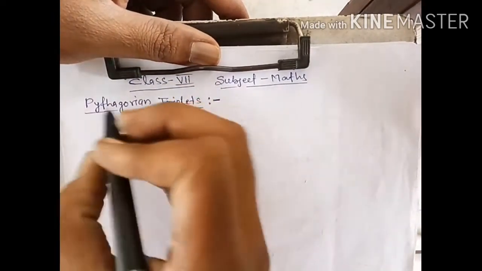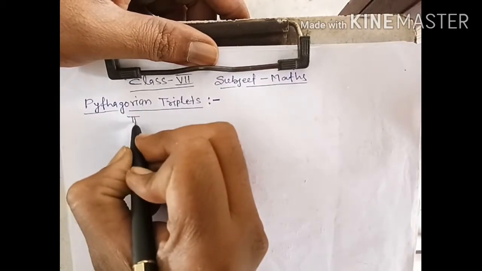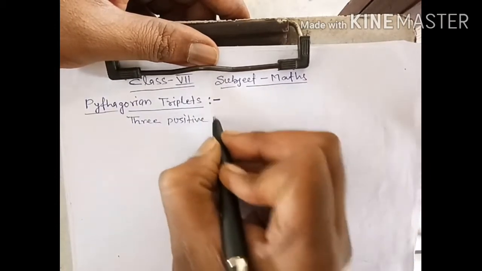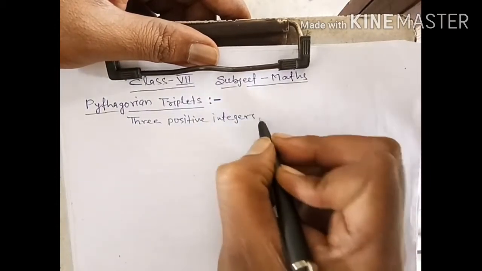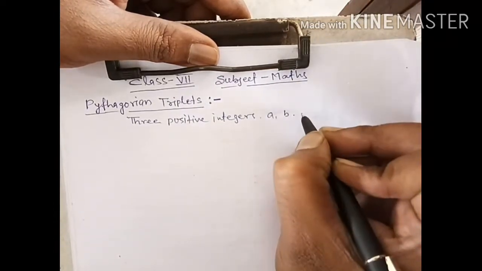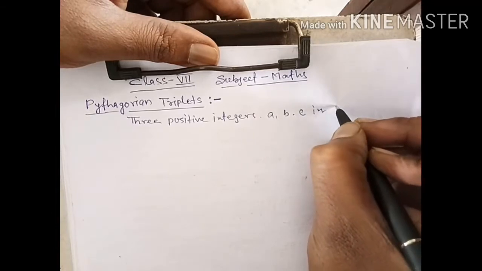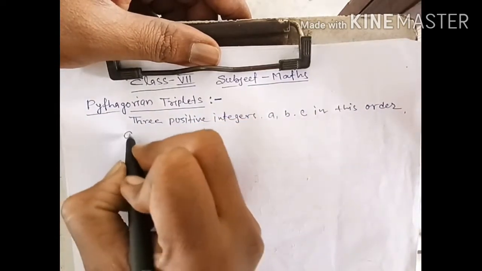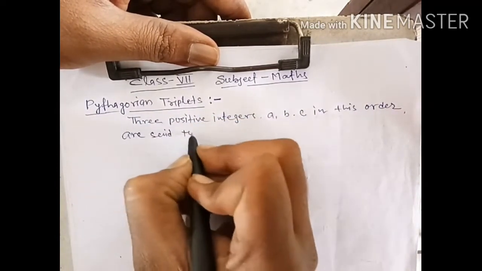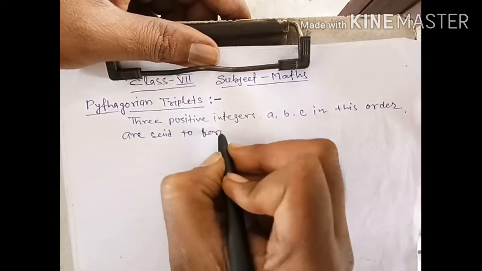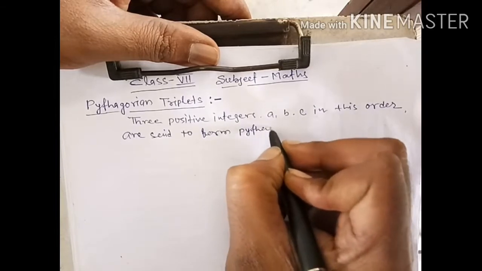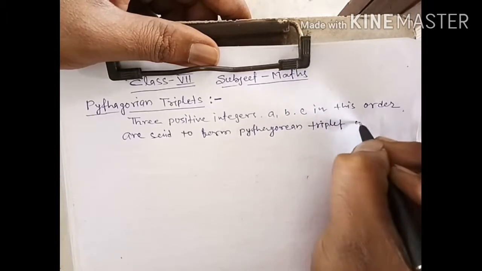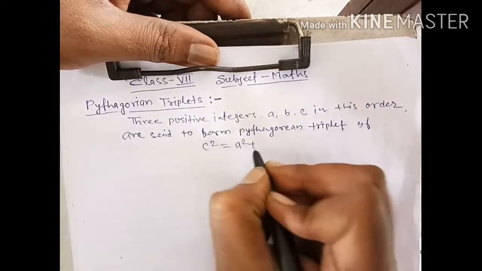Three positive integers a, b, c in this order are said to form a Pythagorean triplet if c square is equal to a square plus b square.